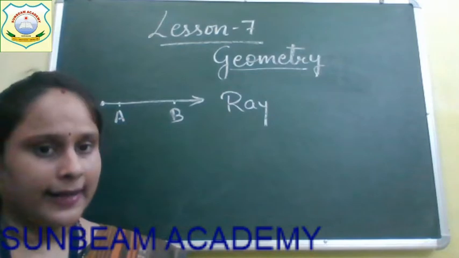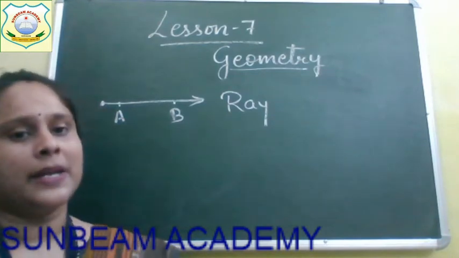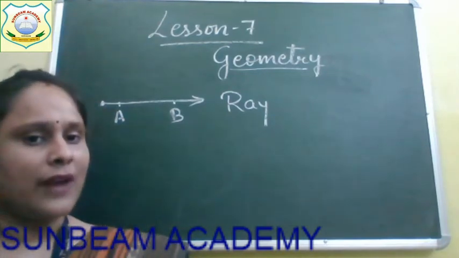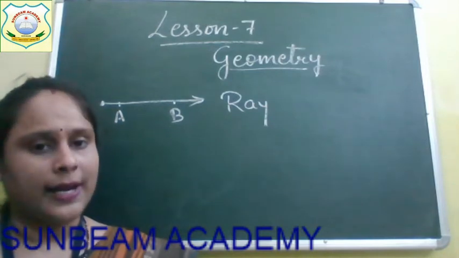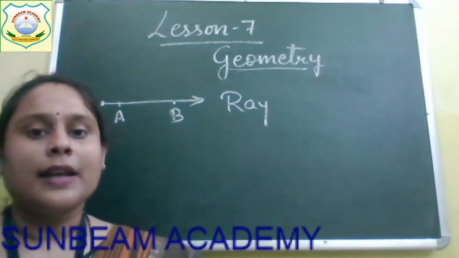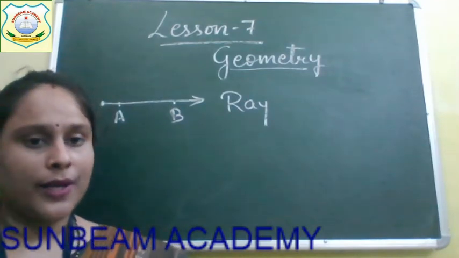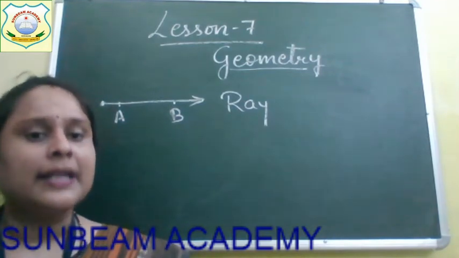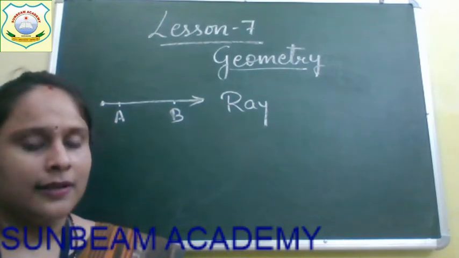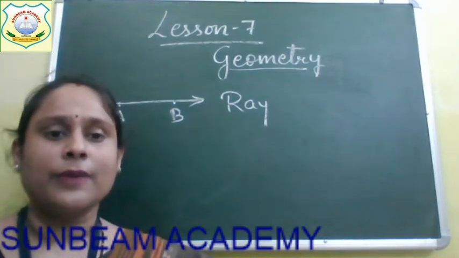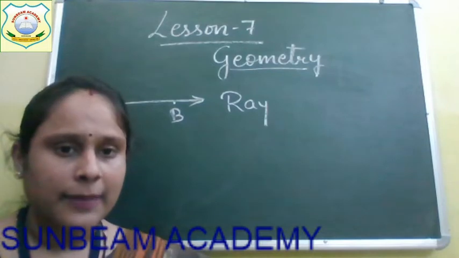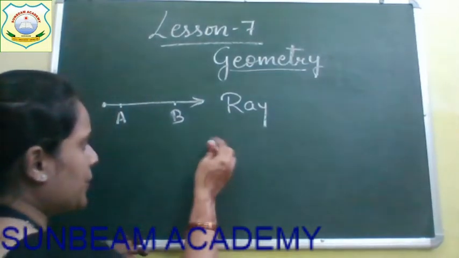So this is what a ray is. Now a ray and a line segment are a part of a line. Okay, a ray and a line segment are a part of a line. Now you all have understood the difference between ray, line and line segment. See, once again I am showing you.